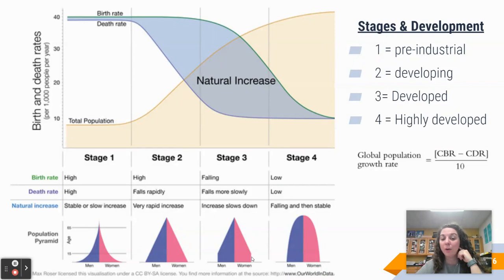So we're still growing, but we are not growing as quickly. And then lastly, in stage 4, it's nice and even on the sides. So we're going to see that natural increase falling and then becoming stable. So make sure you can kind of match up these graphs with our stages of development.